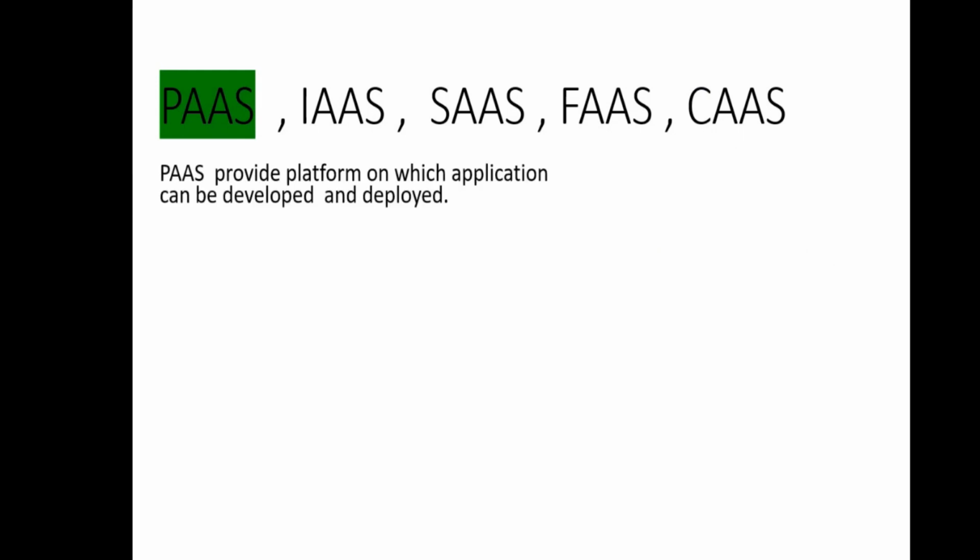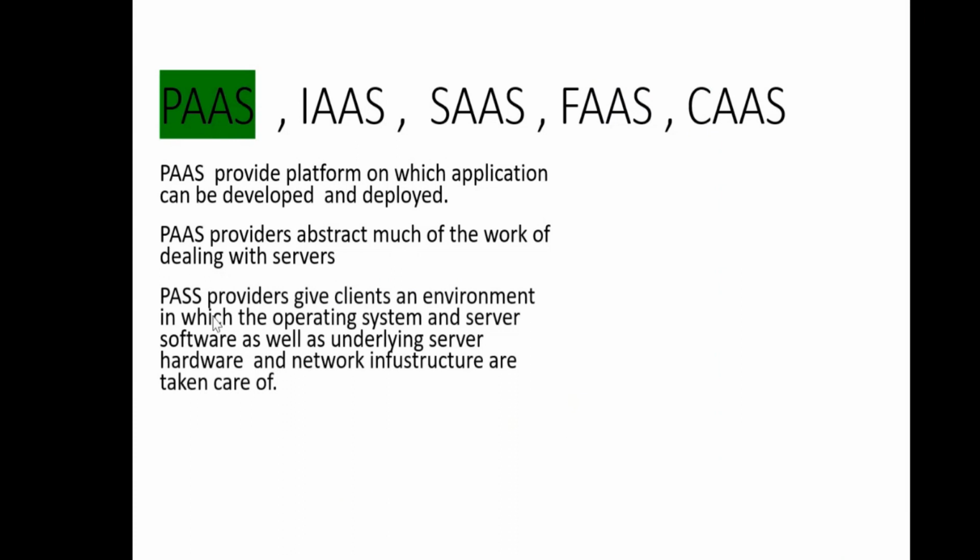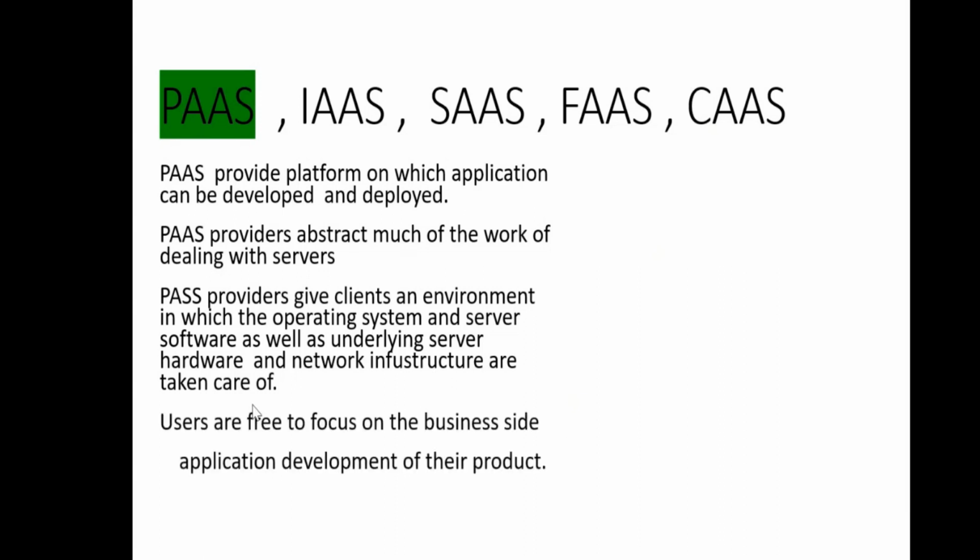So what is PaaS? PaaS provides a platform on which applications can be developed and deployed. PaaS providers abstract much of the work of dealing with servers. PaaS providers give clients an environment in which the operating system and server software, as well as underlying server hardware and network infrastructures, are taken care of.